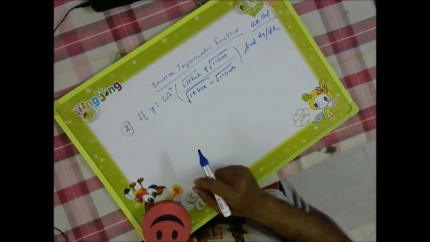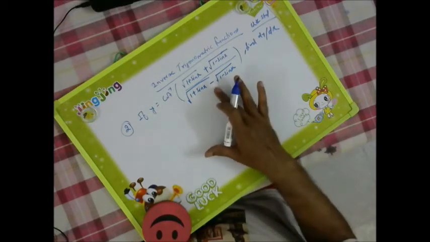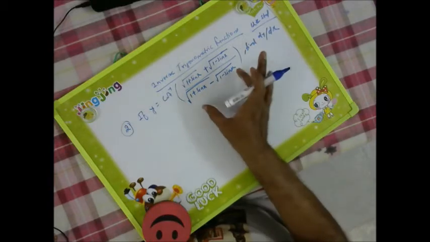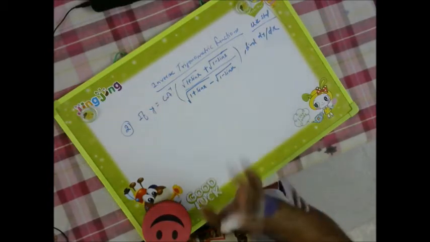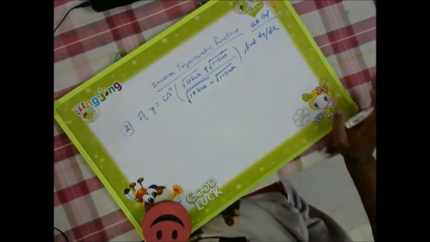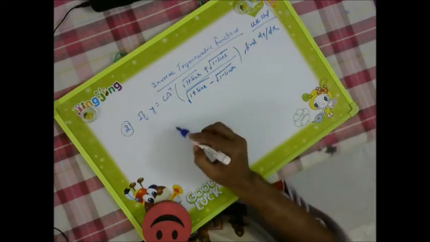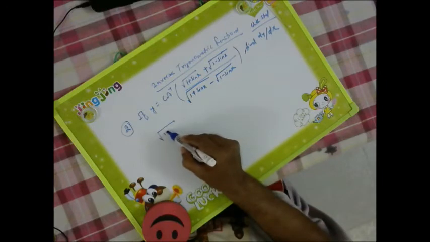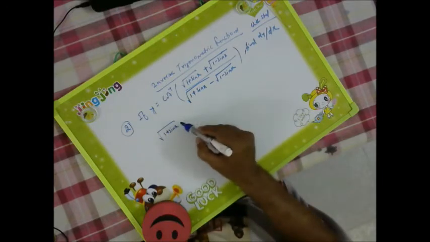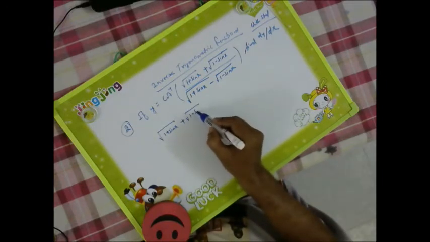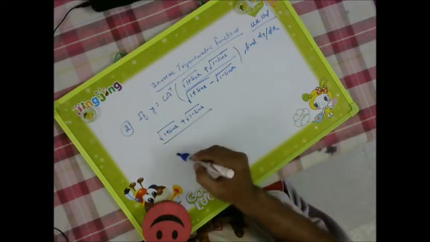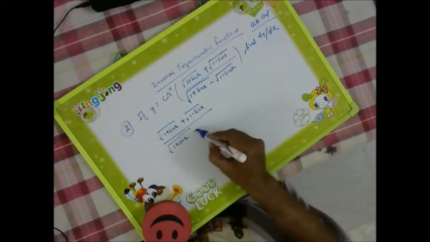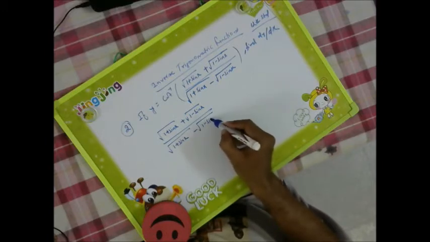So we need to differentiate, but before that we need to solve this one. Okay, so we will go for rationalization of the fraction, this one. This completely we will solve first and then we will go for substituting the value, right? Okay, so let us solve this one. We will go for rationalization of the denominator. So (root of 1 plus sin x plus root of 1 minus sin x) divided by (root of 1 plus sin x minus root of 1 minus sin x).